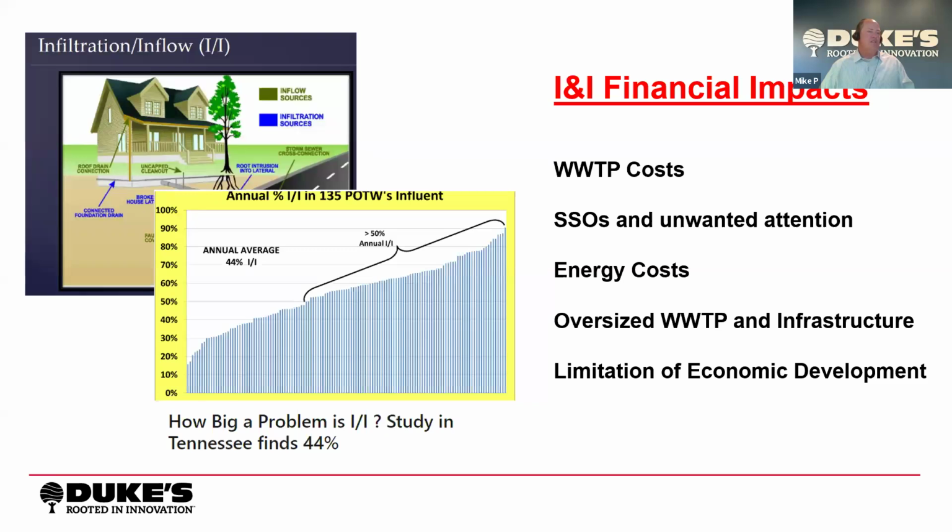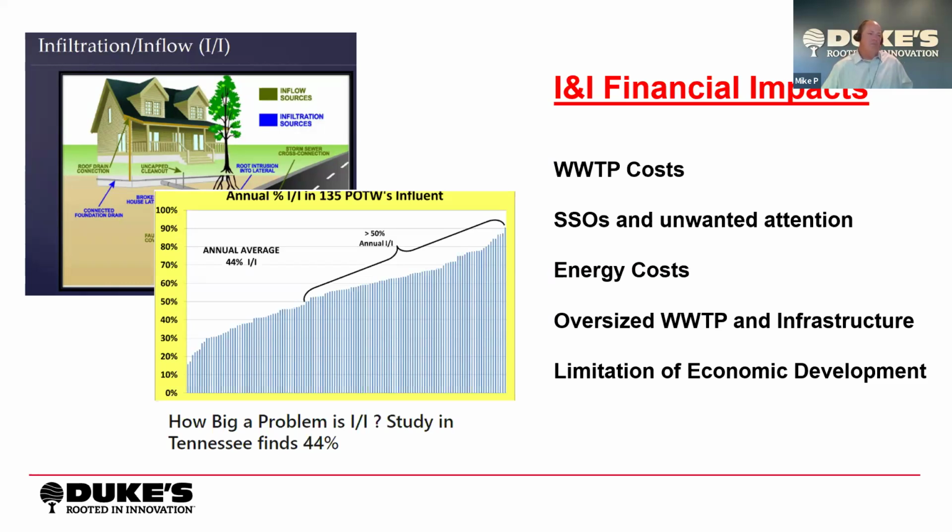This slide is just to note that there are certainly financial impacts to I&I: wastewater treatment plant costs, extra chemicals, extra capacity, extra wear and tear. SSOs, or sanitary sewer overflows, and any kind of unwanted attention on that front.